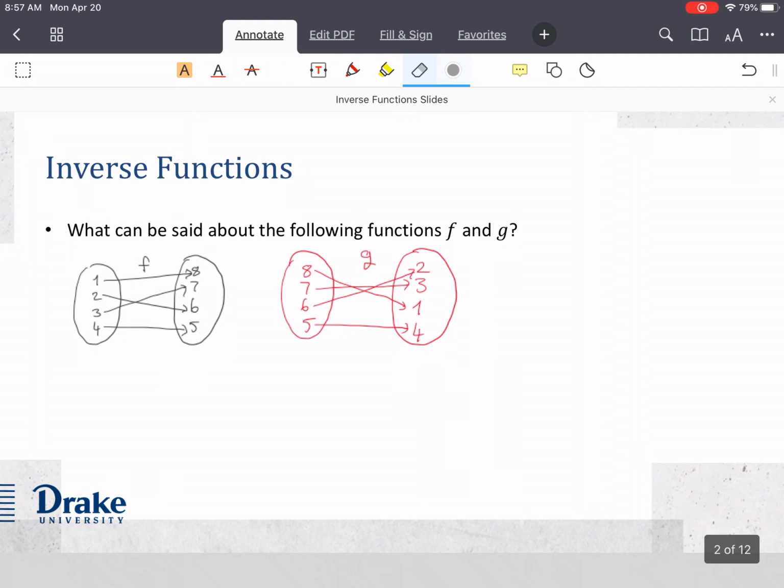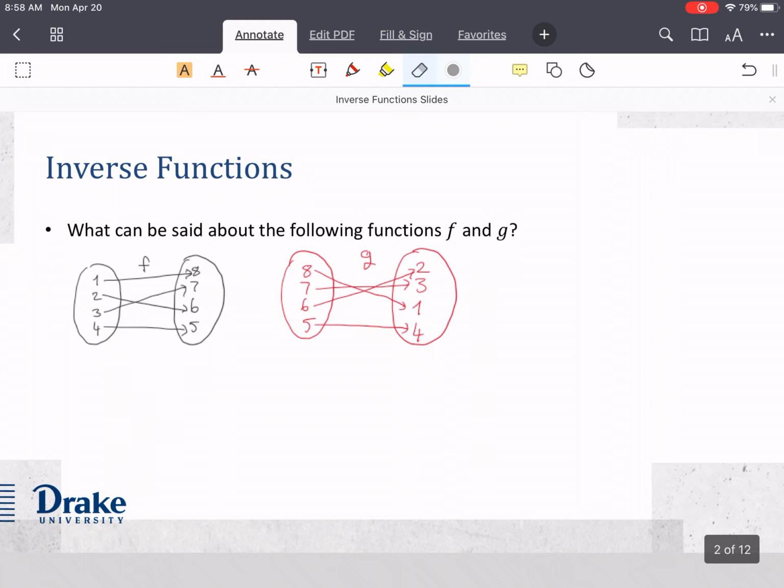You realize that f is represented in the first picture. It seems to be taking a collection of elements on the left hand side, 1, 2, 3, 4, and assigns them to some other elements in this other set.